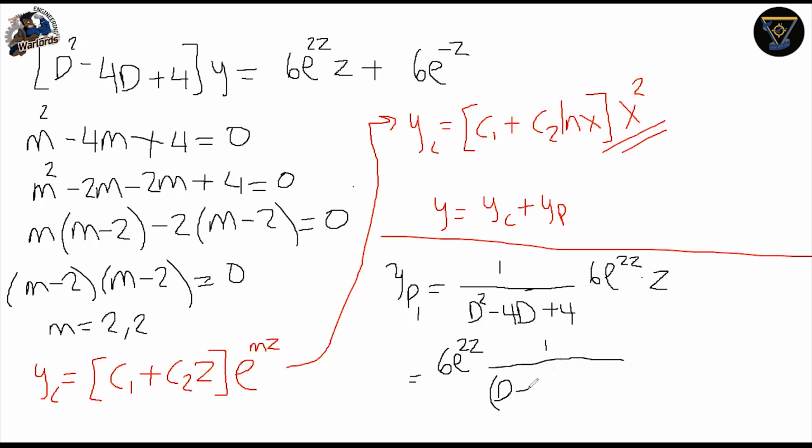So we have (D plus 2) squared minus 4(D plus 2), and you have a plus 4. And remember that you have a z here, right? Does everyone understand so far? Is there anything that you guys don't understand for the Cauchy-Euler so far?